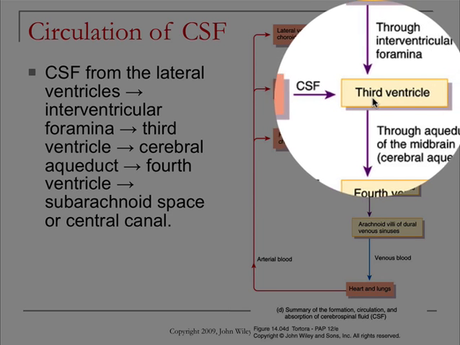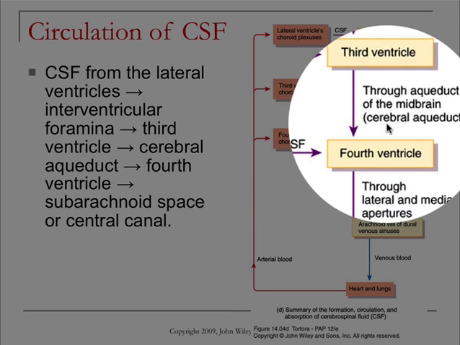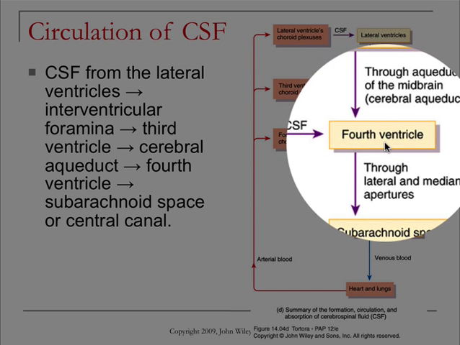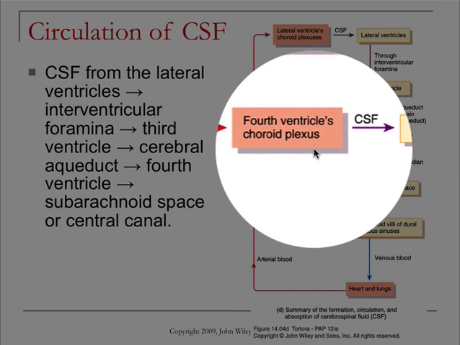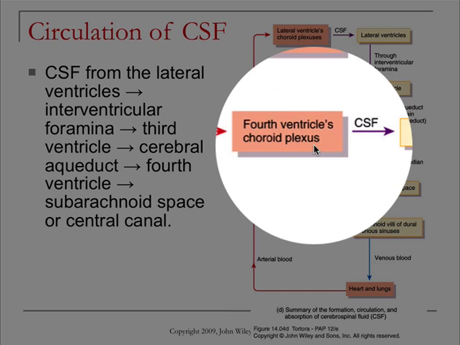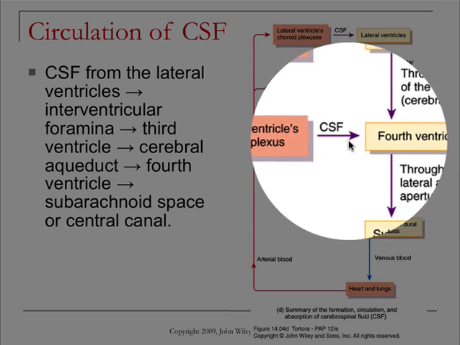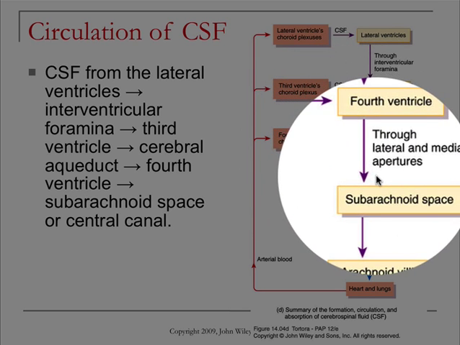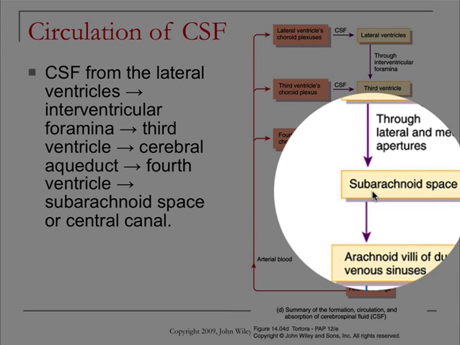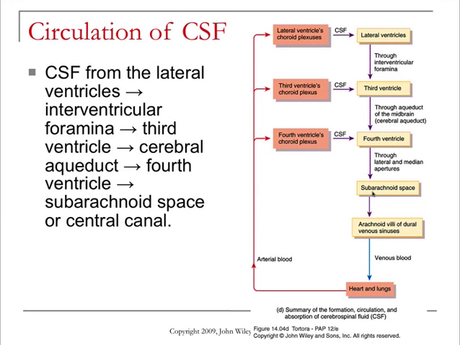The fluid in the third ventricle then travels through the cerebral aqueduct into the fourth ventricle. Additional cerebrospinal fluid is made by the choroid plexus of the fourth ventricle. The fluid then travels through the lateral and median apertures into the subarachnoid space.